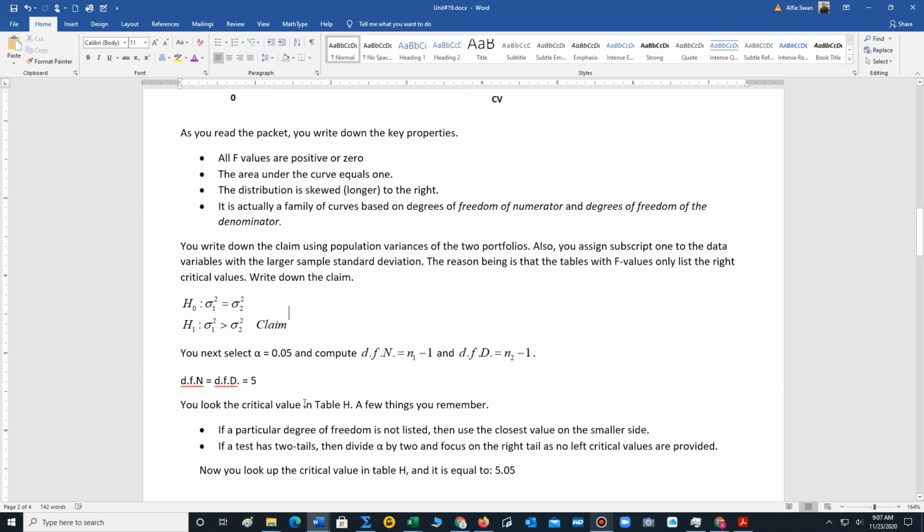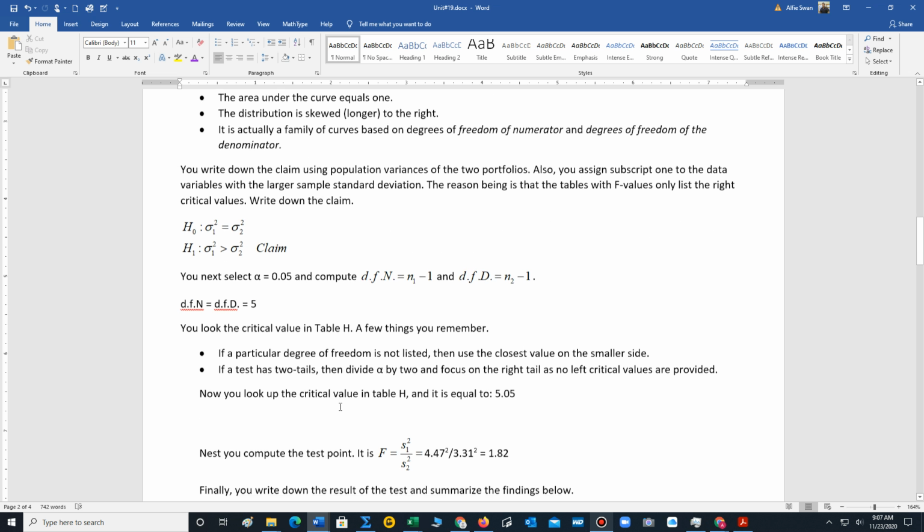The reason we do this is that the tables with the F values only list the right critical values. So for this example, the claim is that sigma 1 squared is greater than sigma 2 squared. That's the claim. H naught is that sigma 1 squared equals sigma 2 squared.